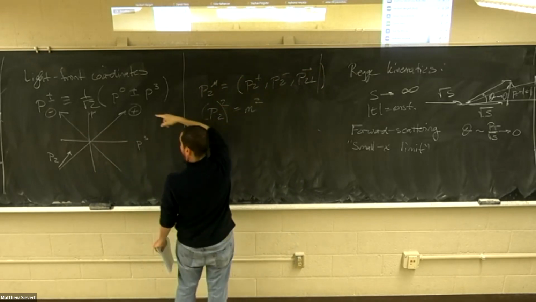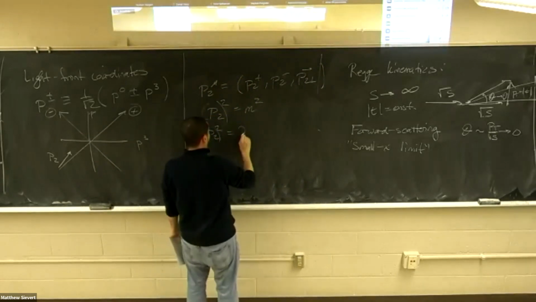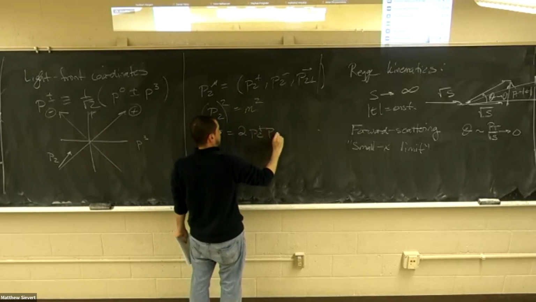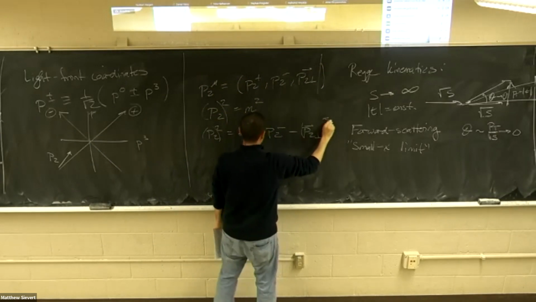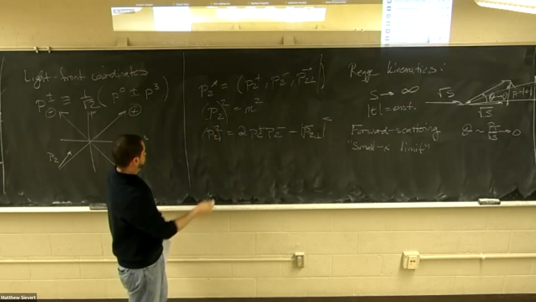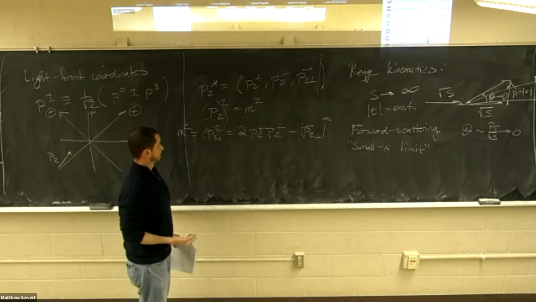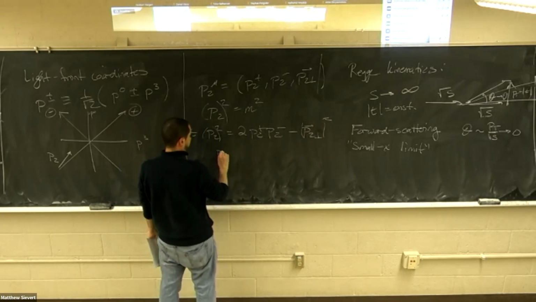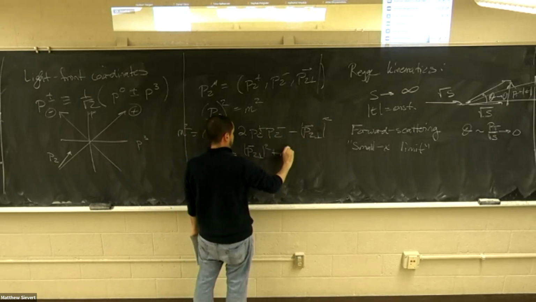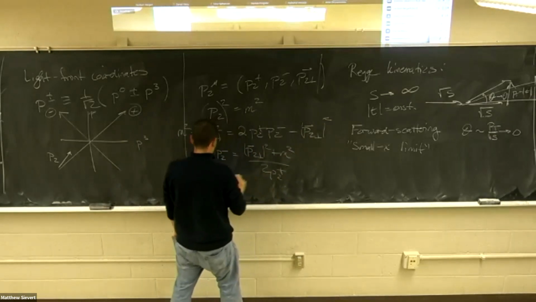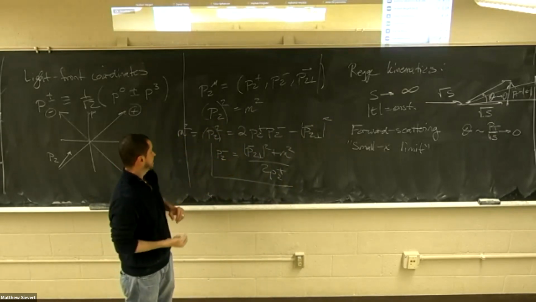When I use this definition, p2 squared is a set of cross terms, 2 p2 plus p2 minus, minus the transverse component p2 perp squared. And if this is equal to a constant m squared, I can solve this relation for one of the light front components. So for instance, I can solve it for the small component p2 minus, and I get p2 perp squared plus m squared over 2 p2 plus. So this is what the representation of an on-shell condition looks like in light front coordinates.